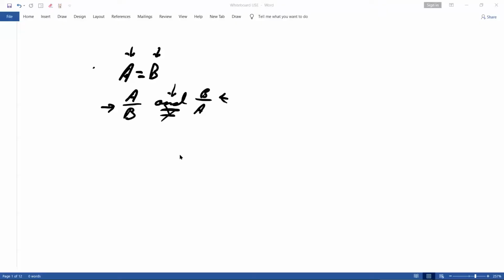Why? Because remember, anything divided by itself equals the number 1, meaning it cancels out. So if I have moles divided by moles, it's gone.